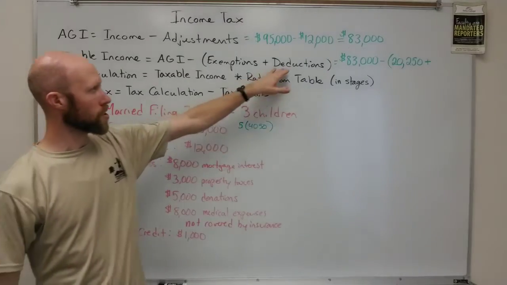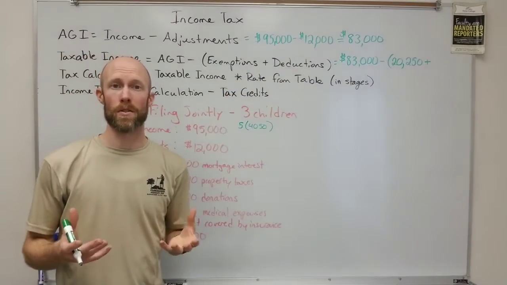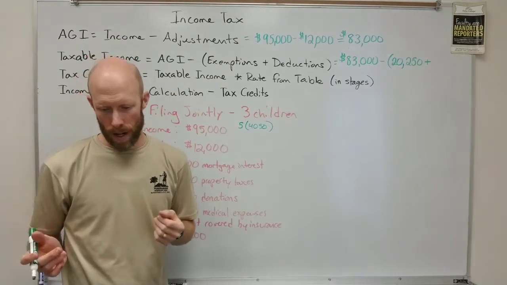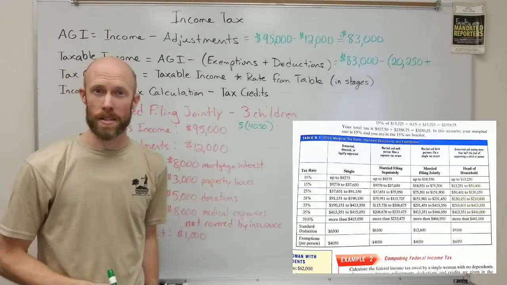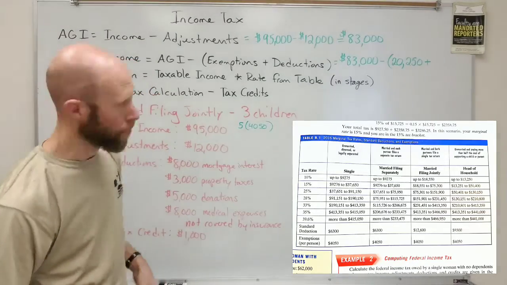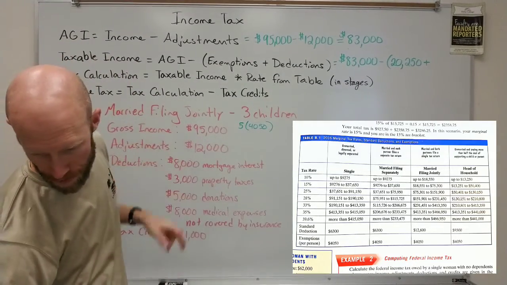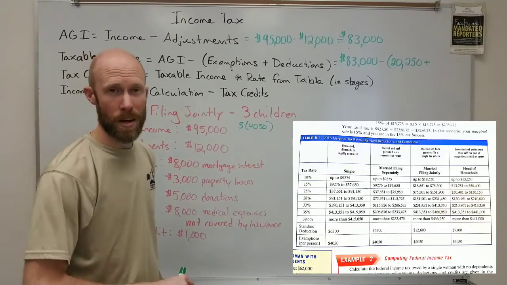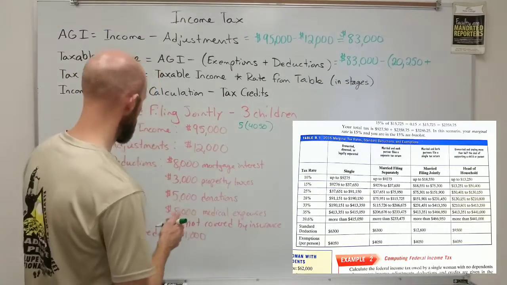The deductions, of course, you could do one of 2 things. You could take the standard deduction or the itemized deduction. Let's put the table back in. The standard deduction for a married couple filing jointly is $12,600, okay?